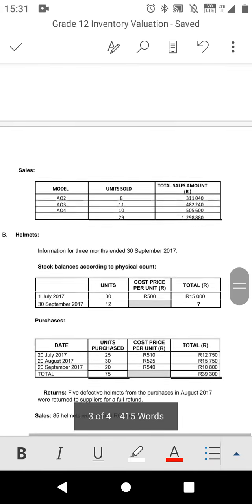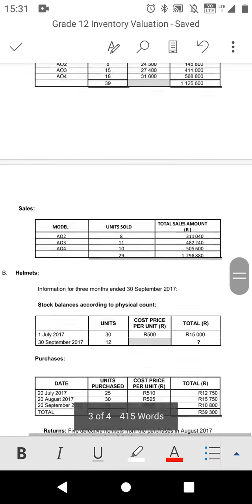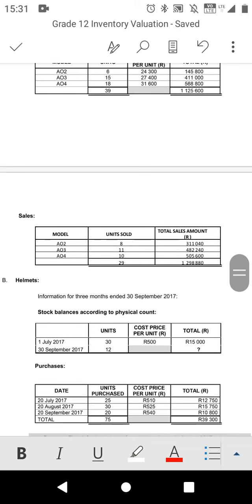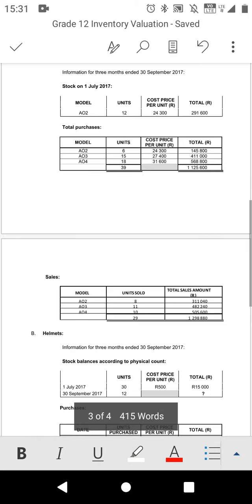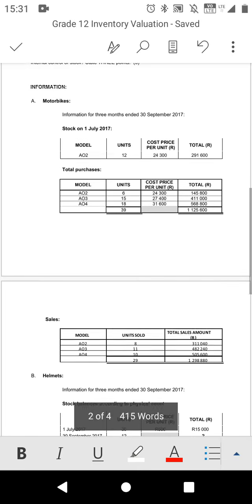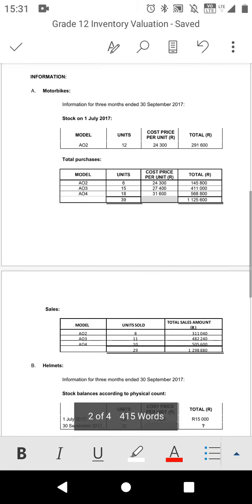Okay, we have to give this person advice. Okay, let's check. How do you give advice? Let's check on A2. A2, at the beginning we have 12 units, then we purchase 6 units.